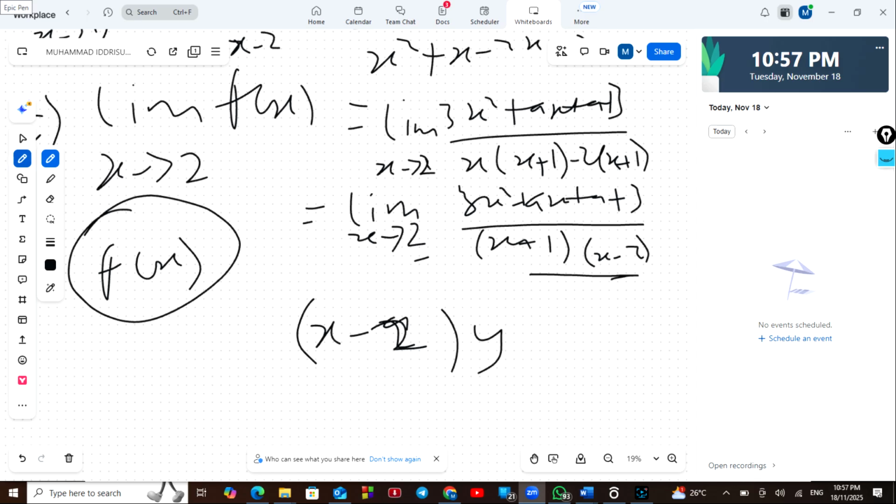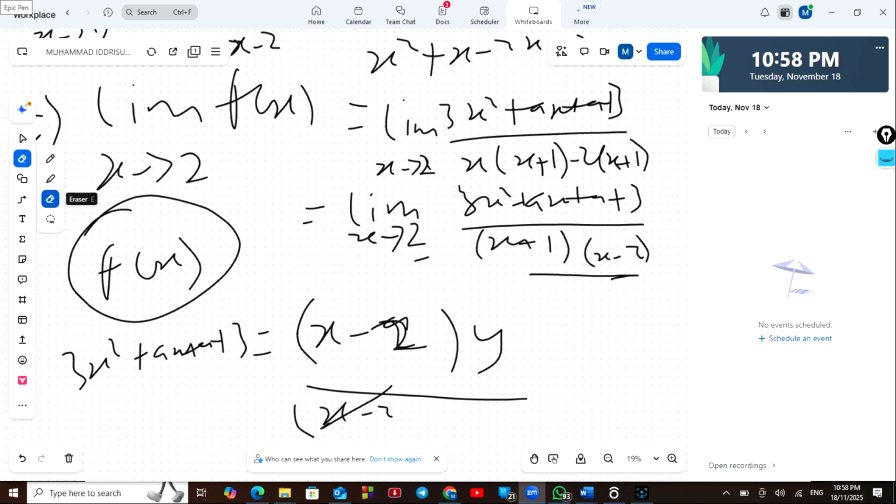So 3x squared plus ax plus a plus 3 is equal to x minus 2 multiplying another factor.